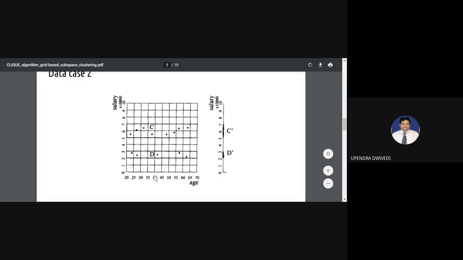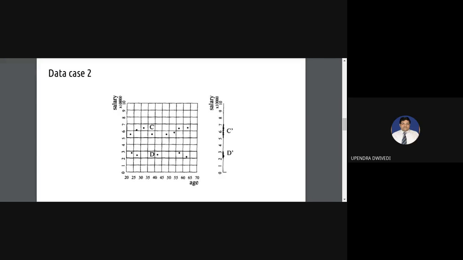On this basis, if you want to cluster the data, you can define two clusters, C and D, where D can have both attributes, age and salary. You can see here that a higher salary does not depend only on age. It may be possible that at a lower age a person can get a higher salary, and at a higher age a person can also get a higher salary.